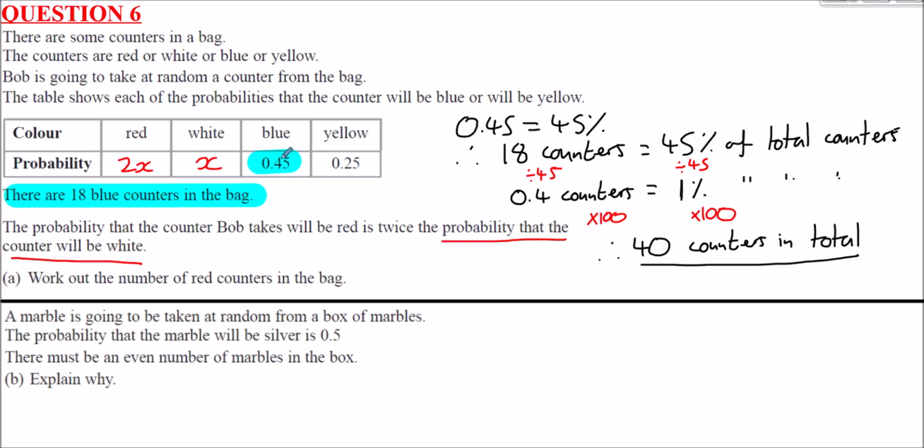So going back to the probabilities now. 0.45 chance of blue, 0.25 being yellow. So these here, for red plus for white, must be the other 0.30.